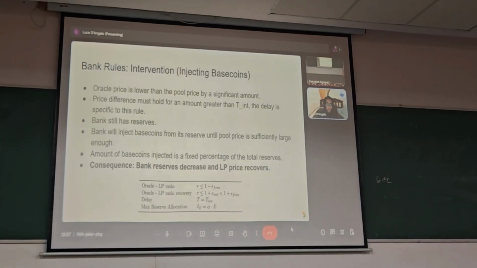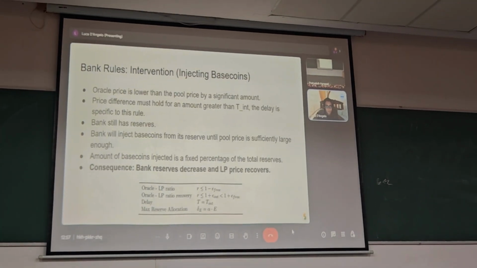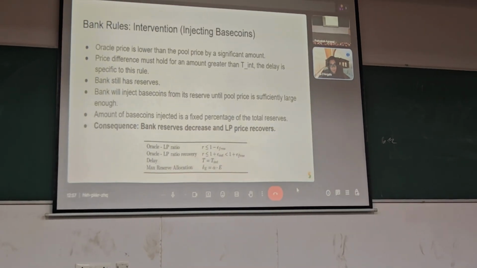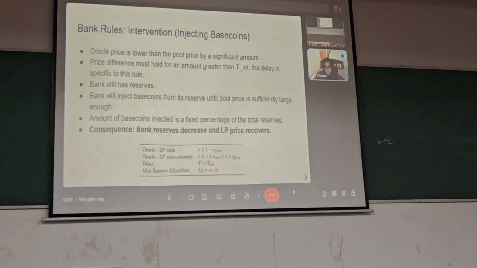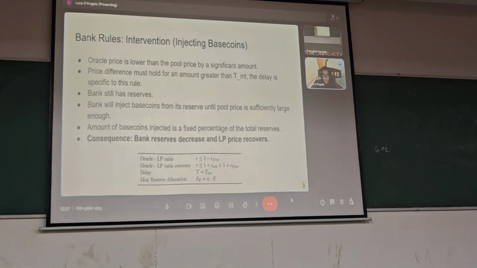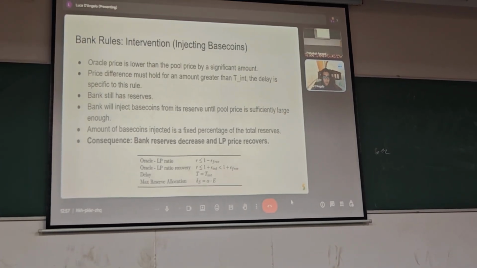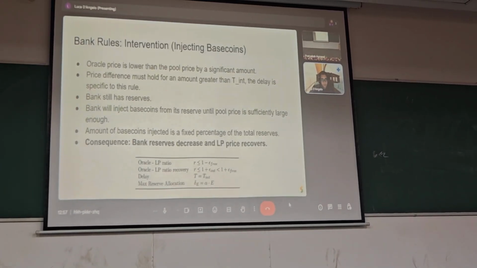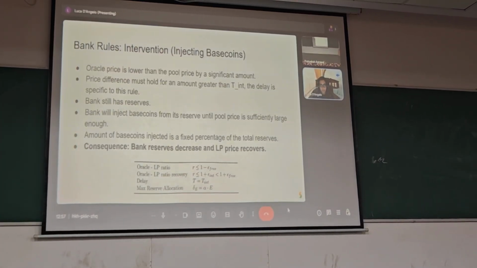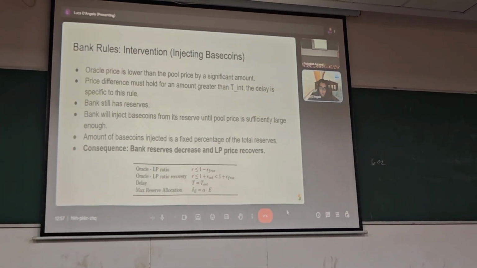So here in the table, this happens when we're below the Freeman range, when R is below the lower bound of the Freeman range, and then it recovers.